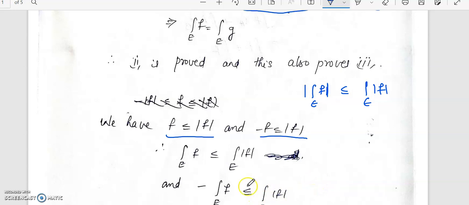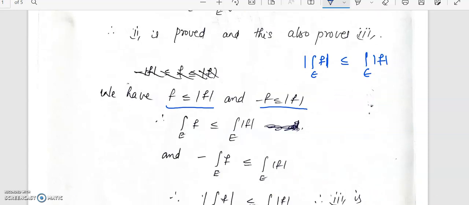So here, when you multiply throughout by a minus sign, the inequality reverses, so we will get minus integral over E of mod f less than integral over E of f.